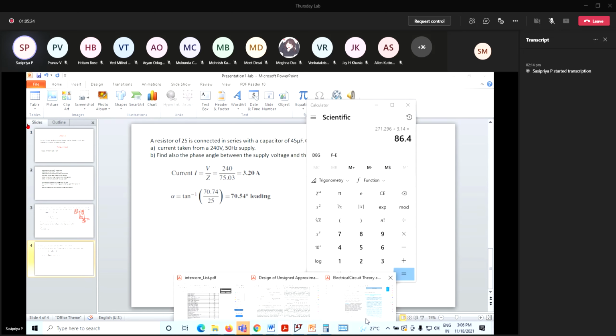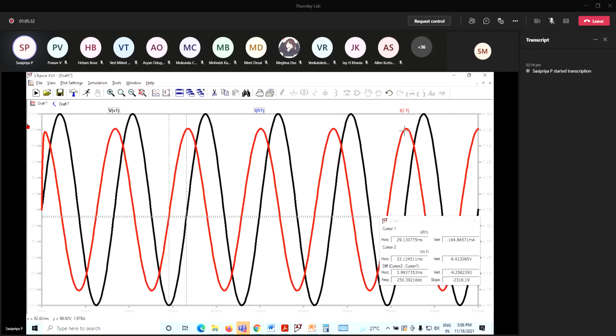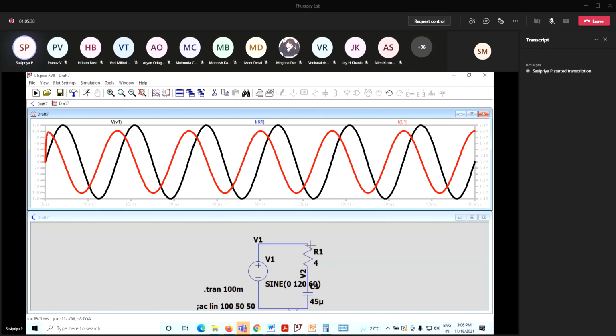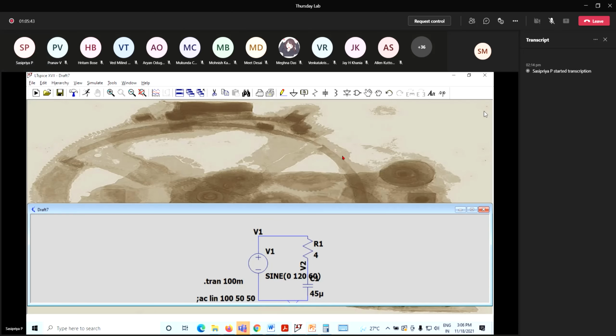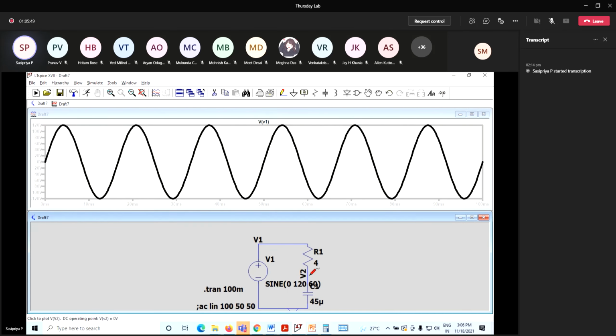Okay, so now to draw the phasor diagram, I need the VR and VC values. So you can just plot the waveforms for the voltage across the resistor and voltage across the capacitor. This is my total voltage. This is my capacitor voltage.